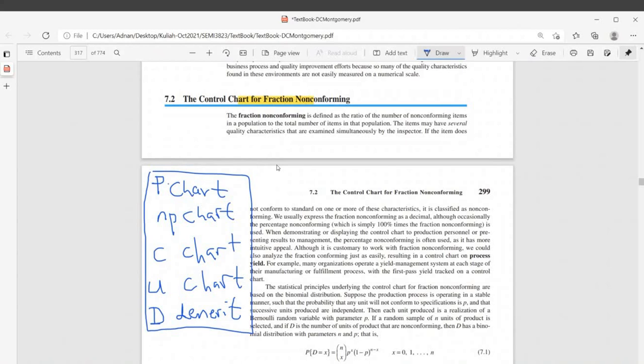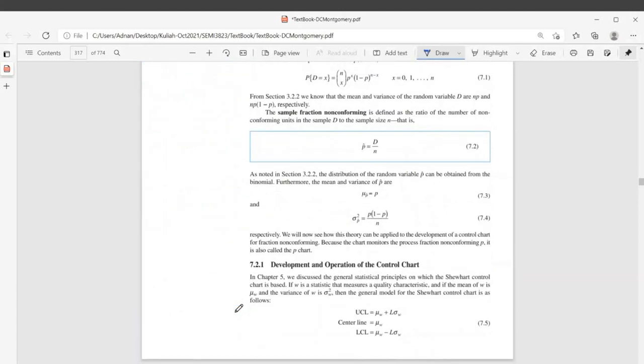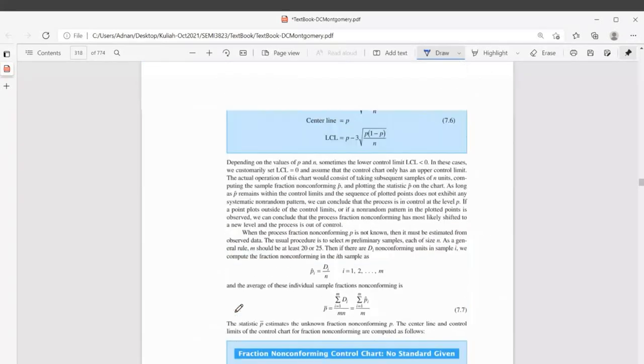Under the category of attribute control charts, the charts that you have seen so far up to this point are variable control charts. There are so many types of variable control charts; at least 5 we will cover in this class. For attribute control charts, it is simpler. You see the formula is also simple.